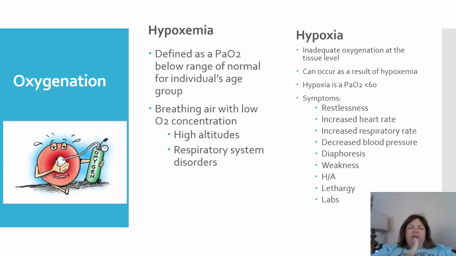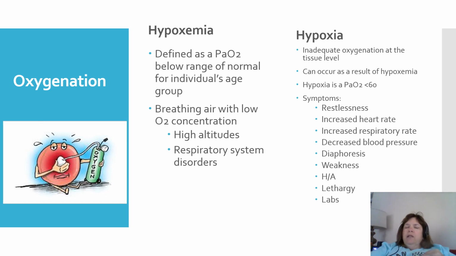A couple of other things to talk about is hypoxemia versus hypoxia. Hypoxemia is your PaO2 is below the range of normal for the age group, because as we get older in the elderly population, they have an accepted level of hypoxemia. Breathing air with low oxygen concentration also can cause that at high altitudes, or if there's respiratory system problems.